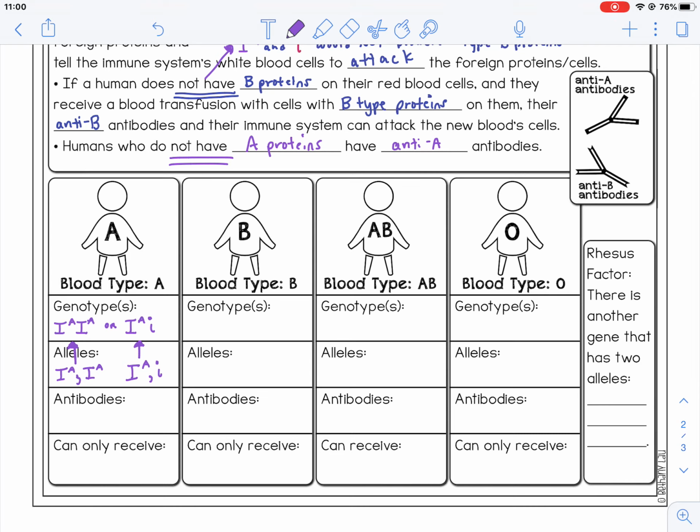So if a person has type A blood, they're going to have anti-B antibodies. So that means they can't receive type B blood or they're going to fight it off. But they could receive type A blood or type O blood. They wouldn't fight off either one of those. So either one of those would be fine to receive.